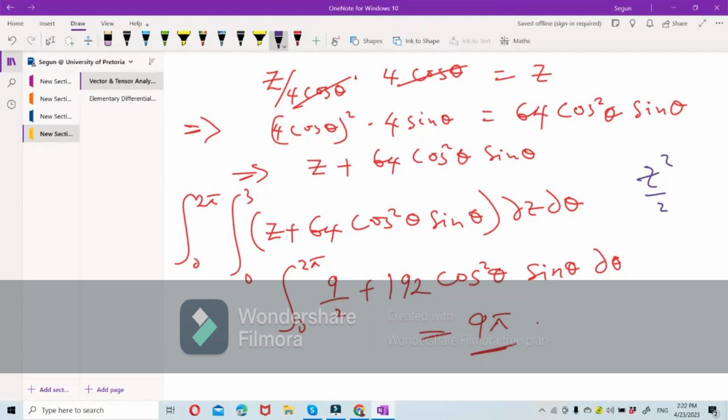So then when you integrate this one, what do you have here? You have z. Because there is no theta here, you only have z, right? Remember, you are not differentiating.